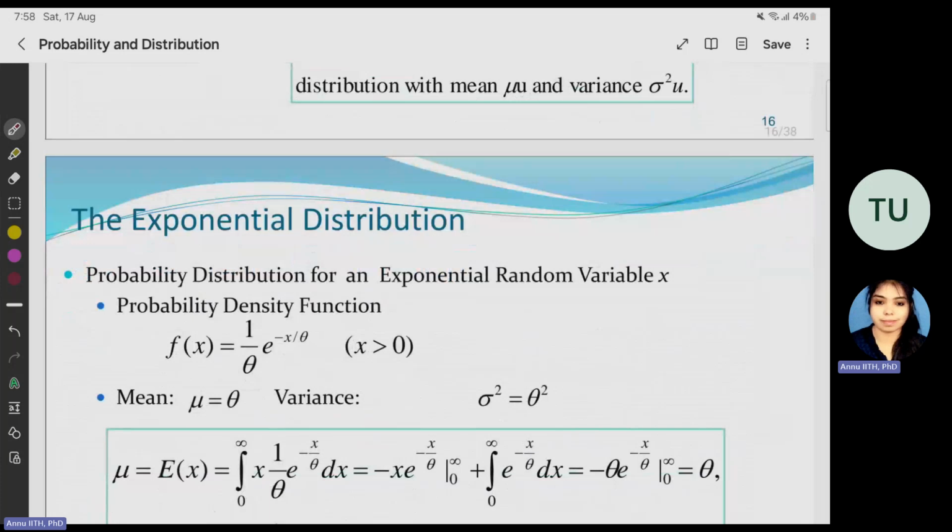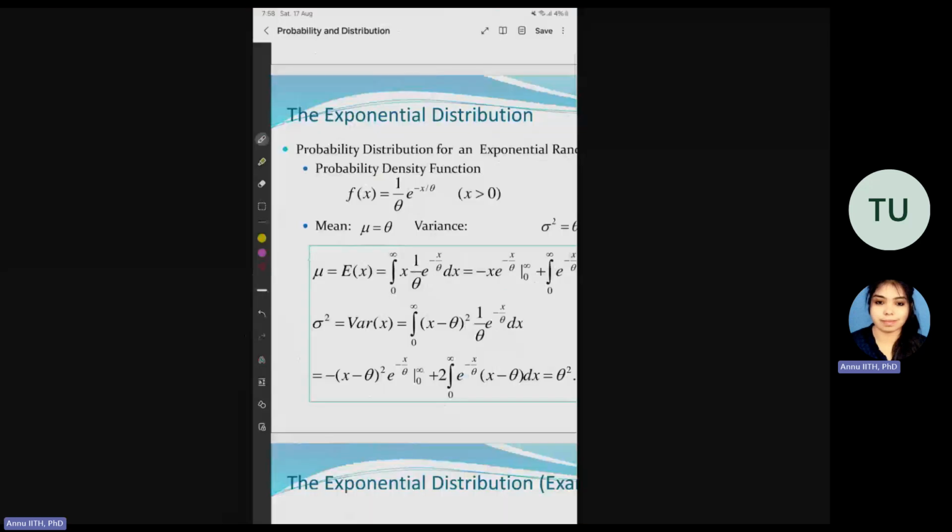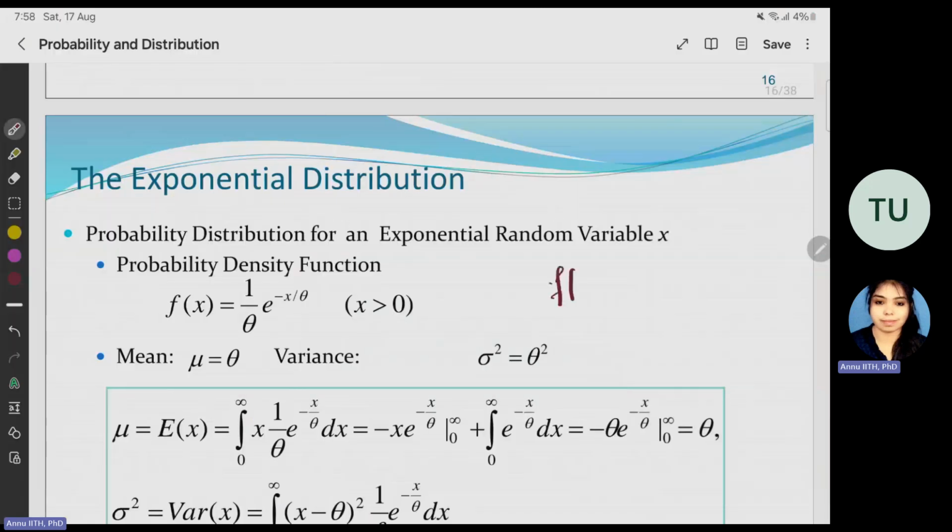Now the question may arise, why are you not telling the normal distribution as an exponential distribution? But the normal distribution itself is one type of exponential distribution. Because there also, what is the PDF for the normal distribution? f of x is equal to 1 upon sigma root 2 pi e power minus (x minus mu) whole square by 2 sigma square.